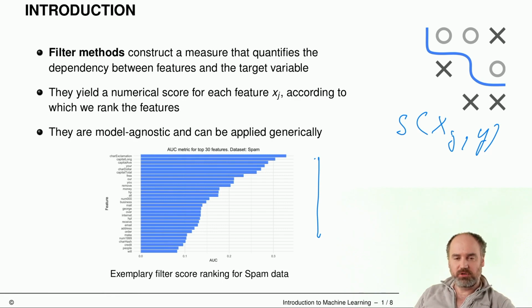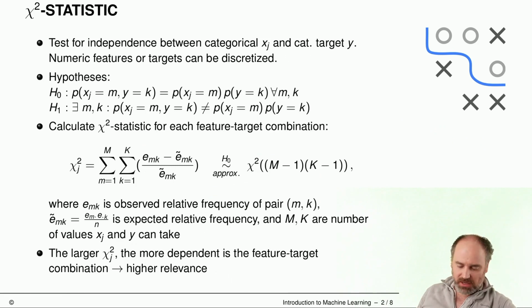So we'd rank the features in terms of their usefulness, and depending on how many features we have, we might be able to look at such a plot, or we just look at the top k features. The name filter is there for a reason: we use it to filter down our features to the top k most helpful and relevant ones. I'll now go through a bunch of ways of setting up these filters through various measures.